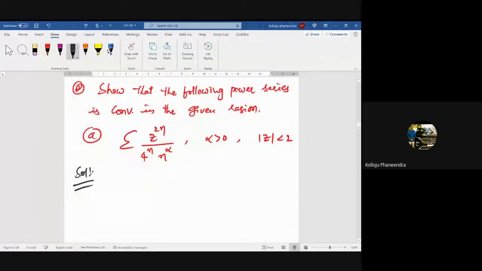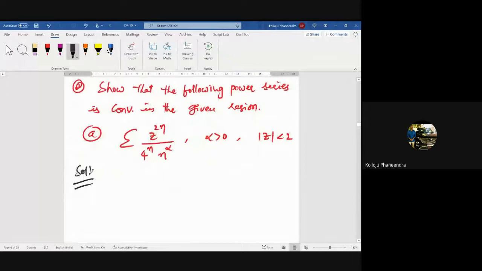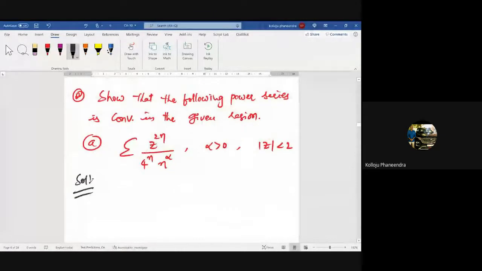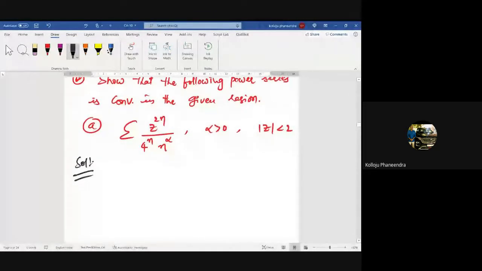Okay, is it clear? Right? Now you can take this in all the problems, Z naught equal to 0. Is it correct? What is Z naught? 0. And whole power 2n is there here in particular. So Zn denotes the nth term of the power series.